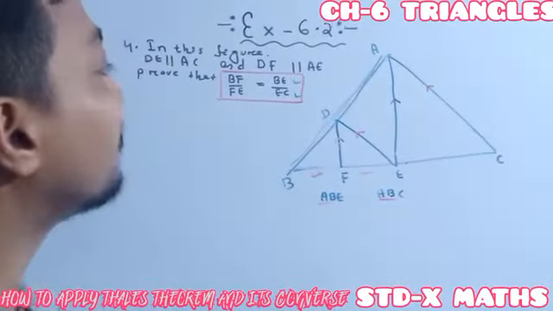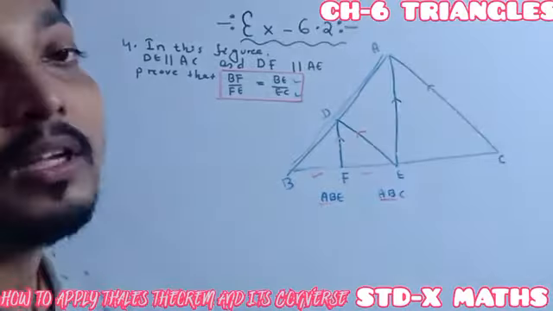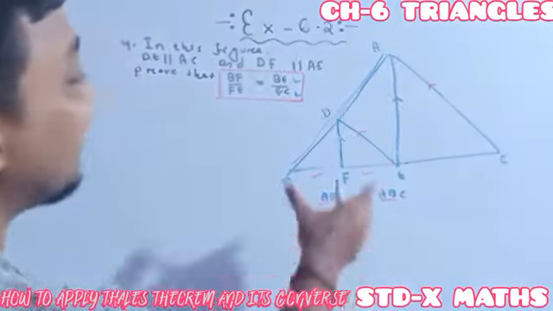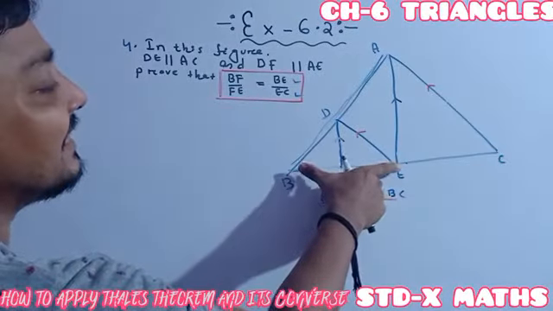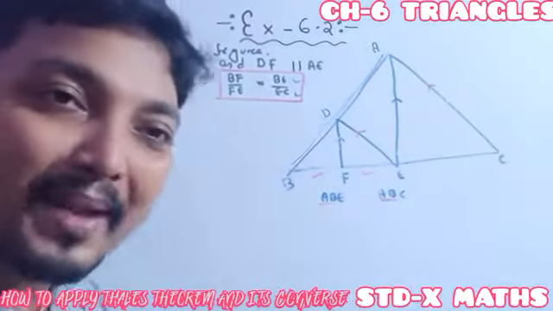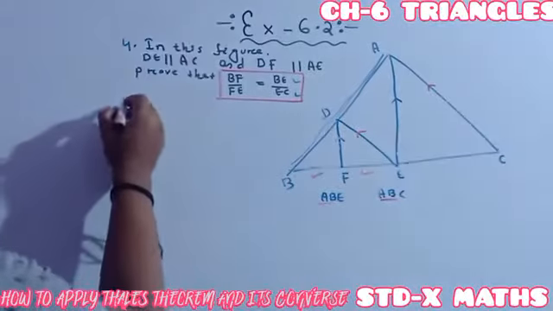So for this you have to use the Thales theorem twice. First we have to use the Thales theorem in this triangle. Which formula you have to apply? Understood or not understood? Directly here I am writing.